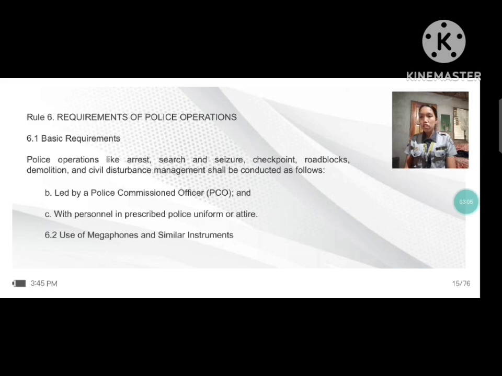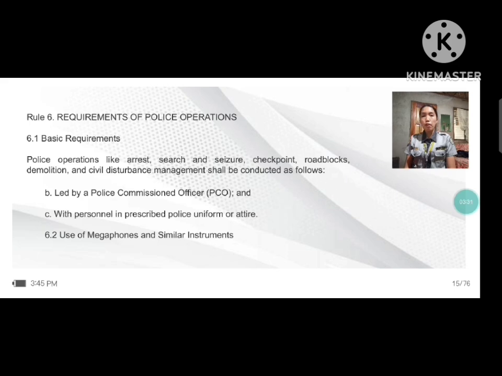Stated there in 6.1 are the basic requirements. Police operations should: 1. be led by a police commissioned officer or PCO; 2. be done by personnel in proper police uniform or attire; and 3. follow all legal and safety procedures.